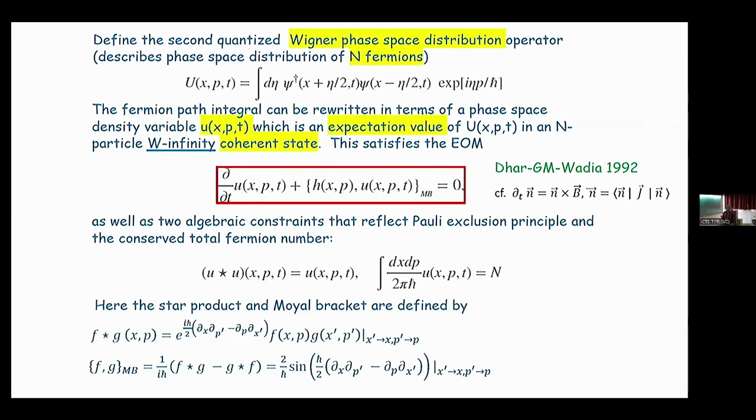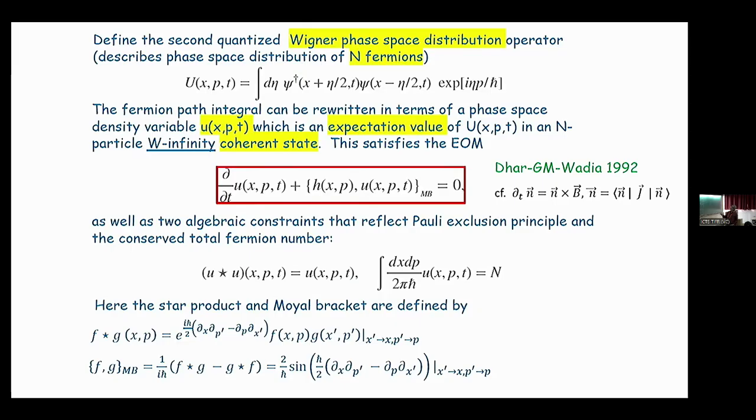Okay, so our basic dynamical object is going to be the second quantized Wigner distribution. For people who are familiar with the single particle Wigner distribution, you just think of this psi as the single particle wave functions.